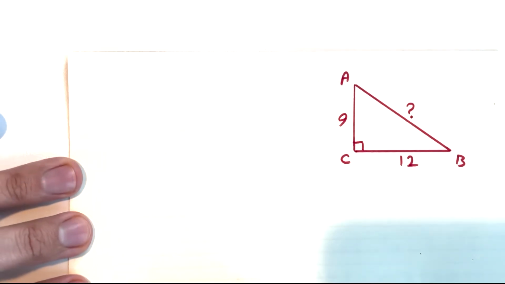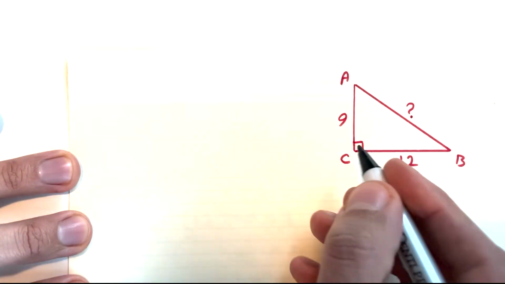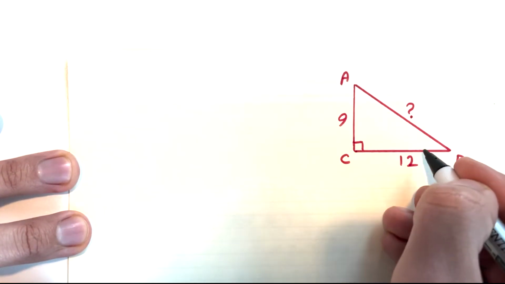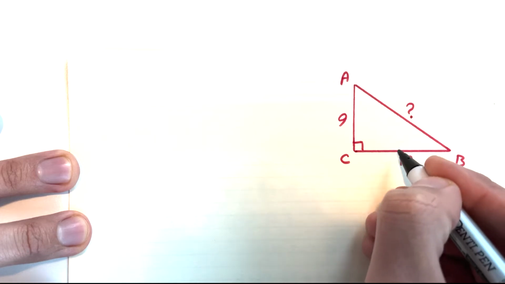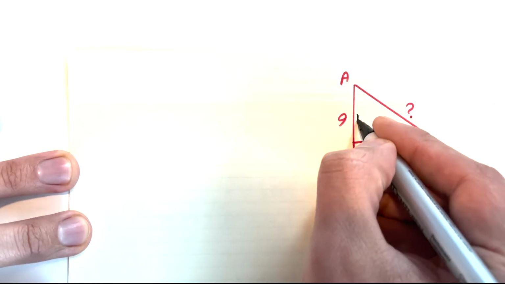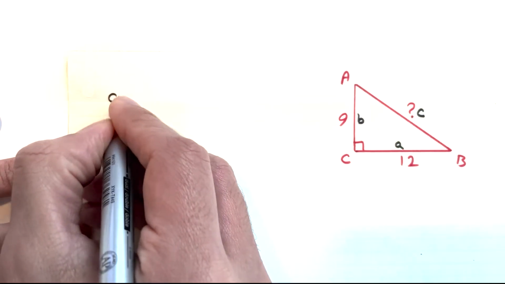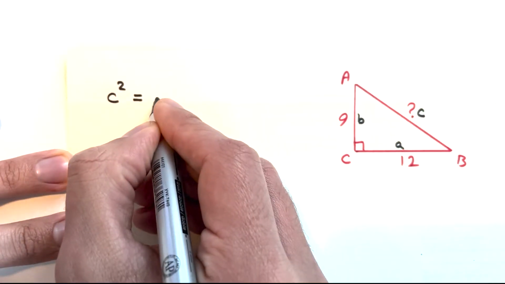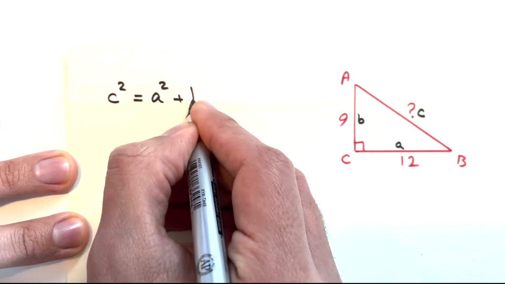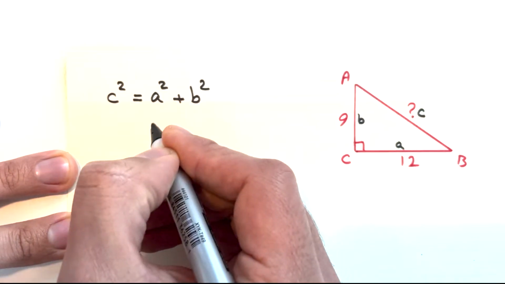Let me name these sides. I'm going to name this A, B, and let's say side C. Now I can write c square is equal to a square plus b square.